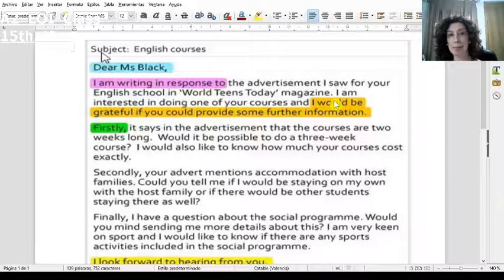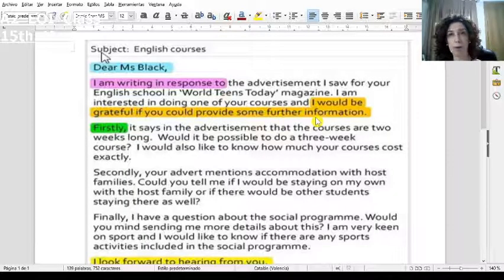Què li passa a aquesta persona? I am interested in, veieu, l'adjectiu interested porta la preposició in, per tant el verb va en gerundi. I am interested in doing one of your courses, ¿vale? ¿Y qué pasa? And I would be grateful if you could provide some further information.